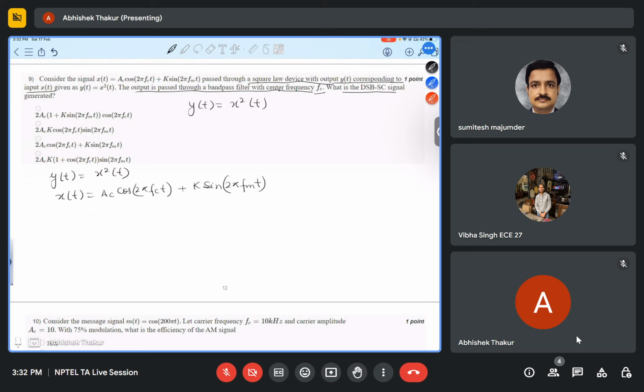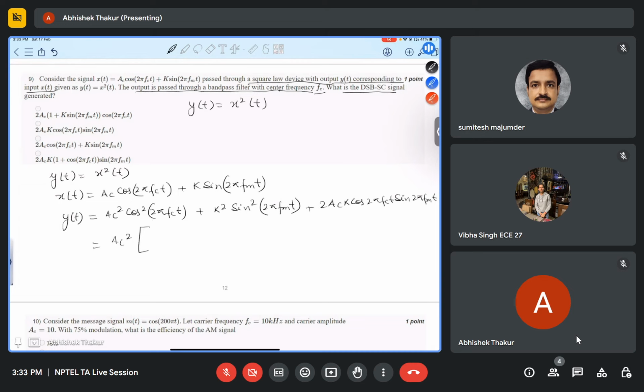So this will become y(t) equal to x squared of t. So this will become Ac squared cos squared of 2 pi fc t plus k squared sine squared of 2 pi fm t, and plus 2 Ac k cos of 2 pi fc t sine of 2 pi fm t. Now let's take Ac squared common here.